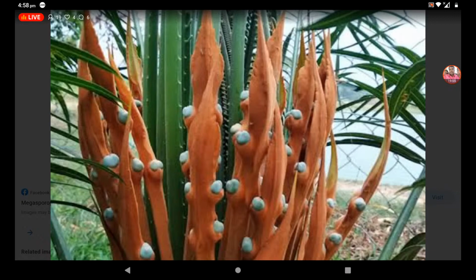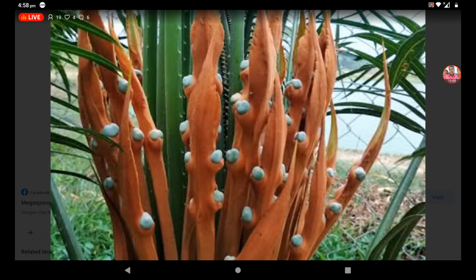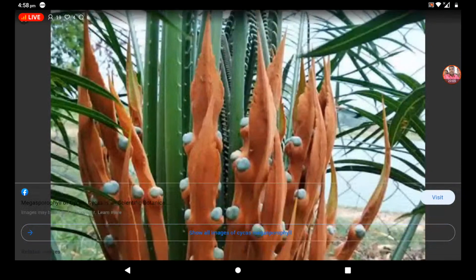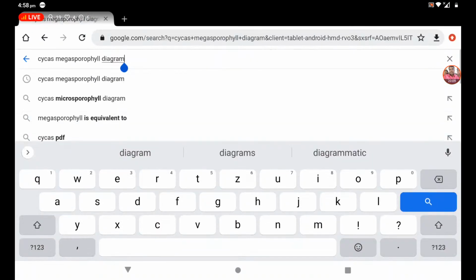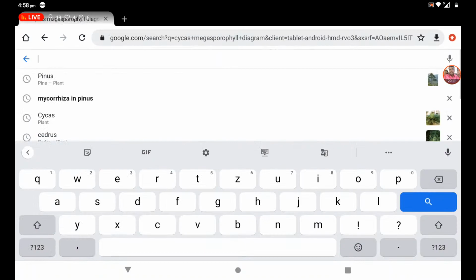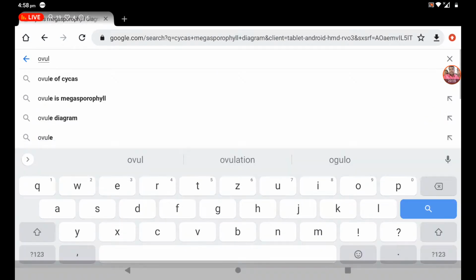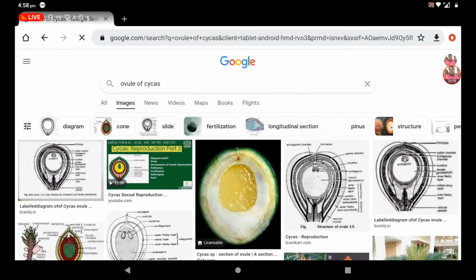The megasporangium becomes a seed. So one megasporangium is equal to an ovule. The ovule of the higher plant, we can understand this structure clearly here. The ovule of Cycas, how the structure is, we can follow here.